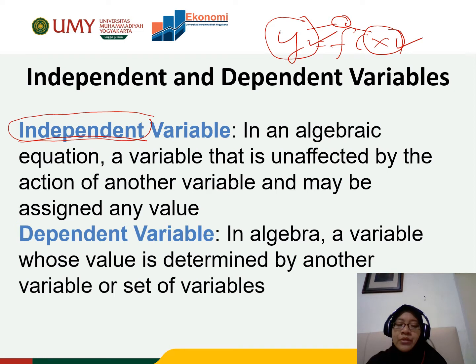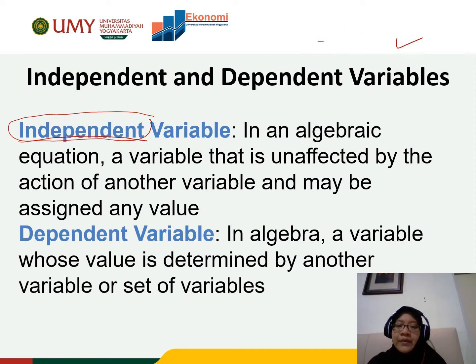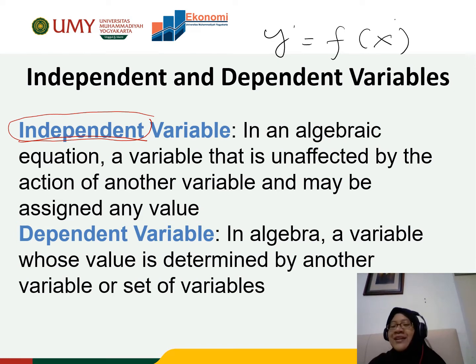Okay, so let me clear this one, and we can see the function notation here. Which one is the independent? Is it y or is it x? I know that some of you are answering x. Why x? Because if it is 1, if it is 2, if it is 3, it is not affected by the y.